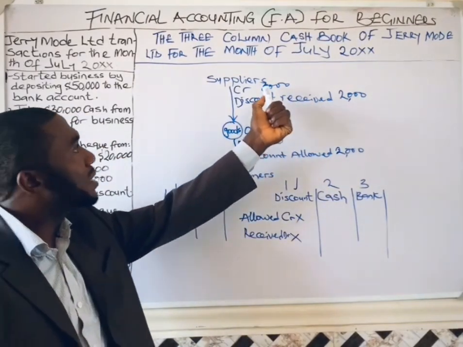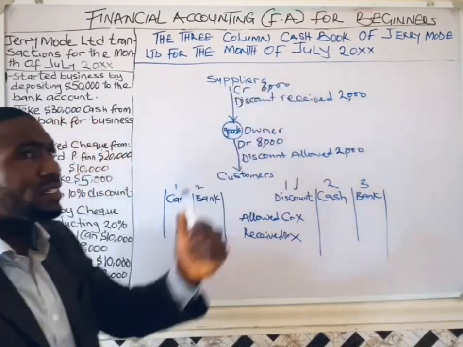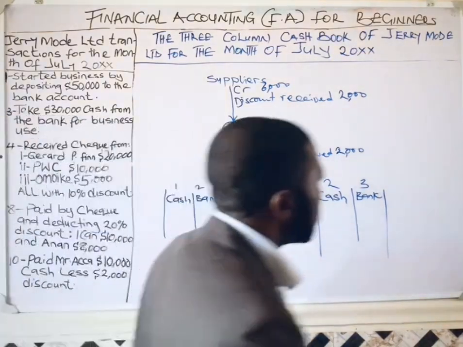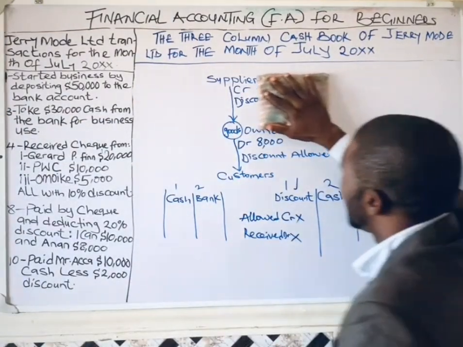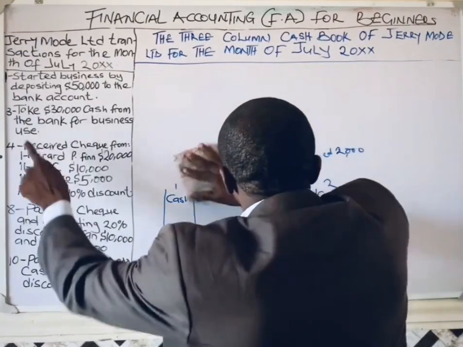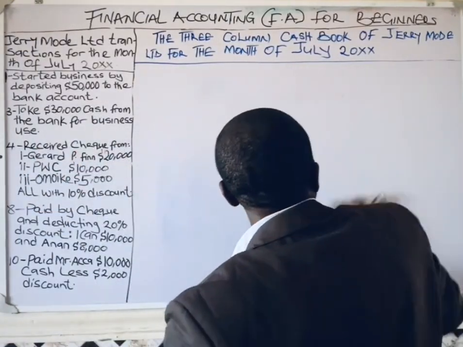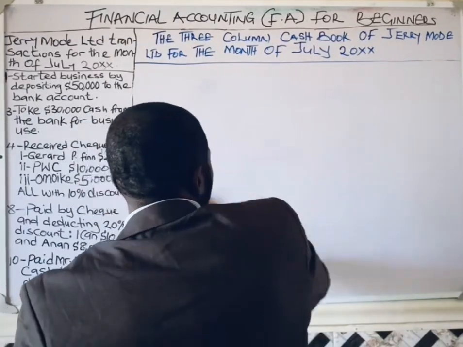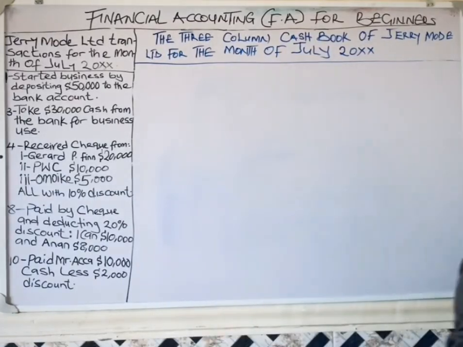So since we have received $2,000 of $8,000, we have to pay $6,000. So this is all about discount received and discount allowed. In solving these questions, entering the transactions, when we reach a transaction that has discount allowed or received, we will get to know it better. So let's continue.